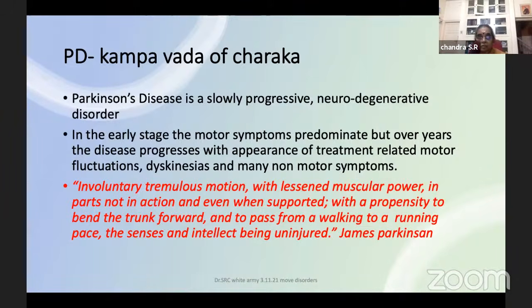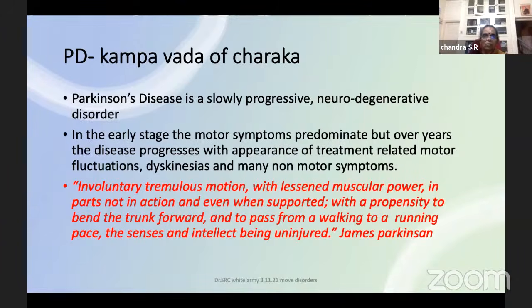So now we saw the excessive movements, we are finished. We are coming to Parkinson's. That's a bigger chapter, so I kept it as the last part. Parkinson's disease is a slowly progressive neurodegenerative disorder. In the early stage, the motor symptoms are predominant. But as the disease progresses, the circuits break down. We saw the extensive cognitive links.